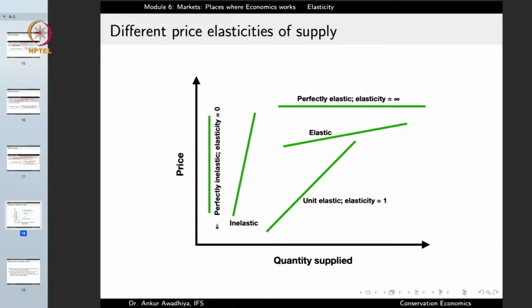We can have a perfectly inelastic supply curve, such as this. Now, in this case, even though there is a big change in the price, there is hardly any difference in the quantity that is being supplied.